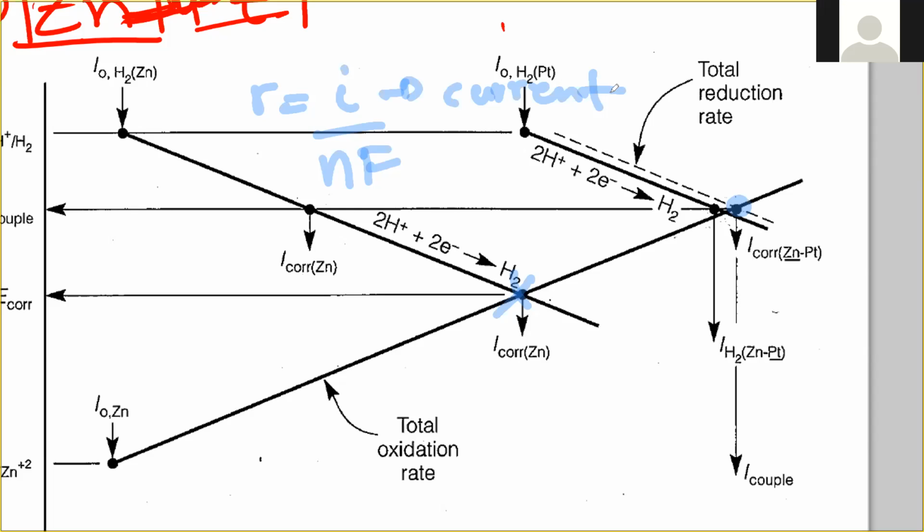Yung sa potentials naman, basically kailangan lang natin yung potential since kailangan natin malaman kung saan siya maglalagay in the y-axis. Yung I0, basically. So thank you. May tanong ba kayo?